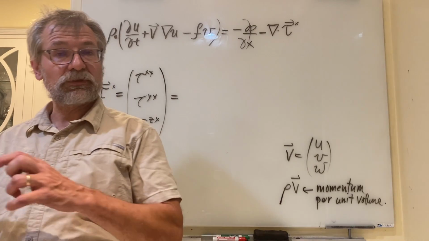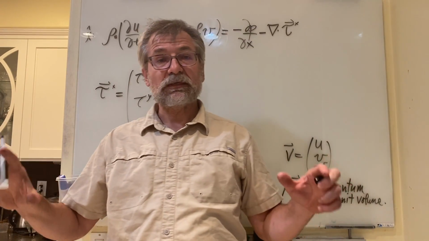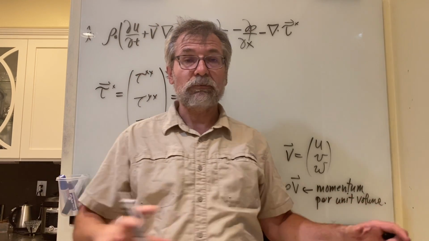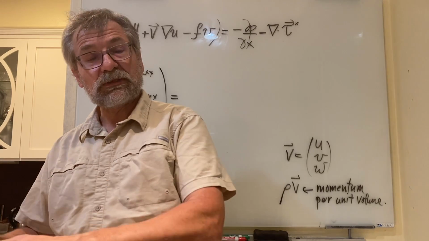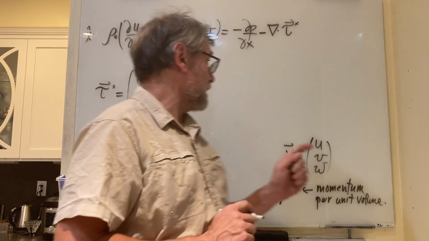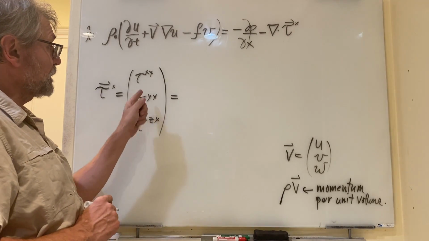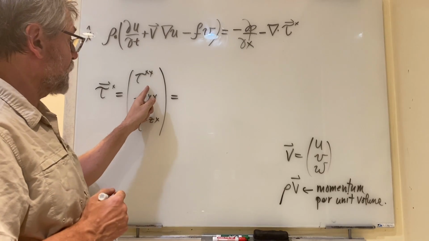So if you have a region with a lot of momentum here and less momentum here, then the idea is that the turbulence will try to smooth out the momentum or eliminate the gradients and transport the momentum from a place where there's lots to a place where there's less. All right, so that means we will parameterize these things in terms of the shear, the gradient of the velocity.